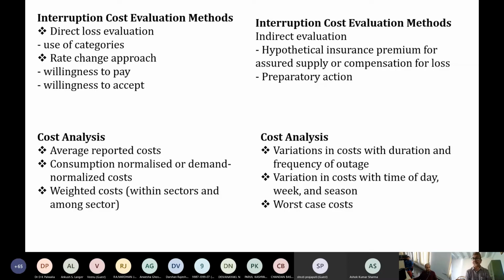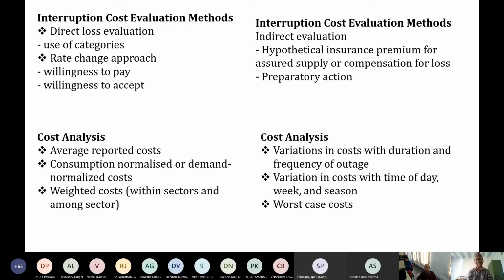But if the interruption occurs at midnight for a commercial entity like a shopping complex, there are no customers at the shopping complex at midnight, so no losses to that commercial complex at least. So we have to identify at what time, if the interruption occurs, what will be the cost.